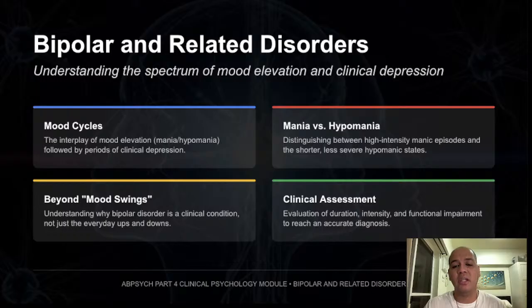And these shifts can include mania or hypomania, where a person may sleep less, talk more, act impulsively, feel unusually confident, and then take risks or become grandiose. So the key point is this: bipolar disorder is not ordinary moodiness. It involves episodes of abnormal mood elevation that affect behavior and functioning in major ways.